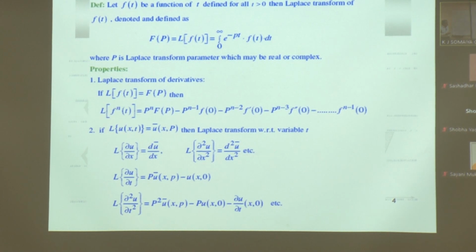I have added only two properties which are required for my solution of the problem. Here I will denote the Laplace transformation of f of t by capital F of p, where p is the parameter. And how can we find the Laplace transform of the nth order derivative? The Laplace transform of the nth order derivative formula is like this: p to the power n F of p.